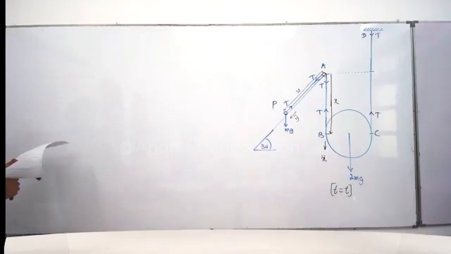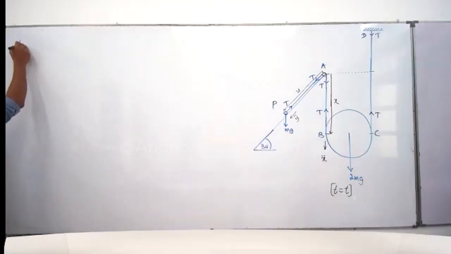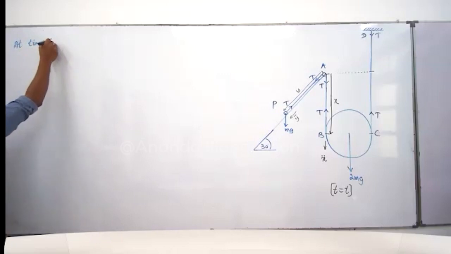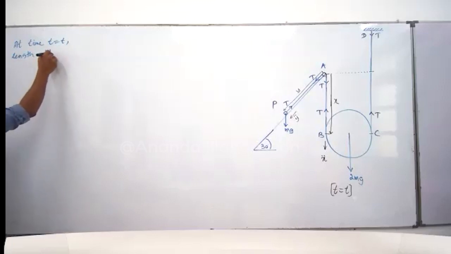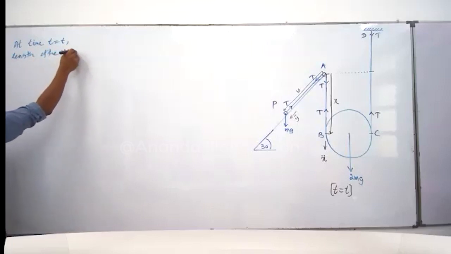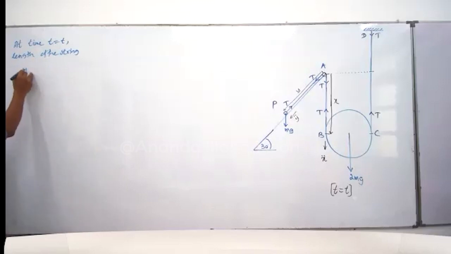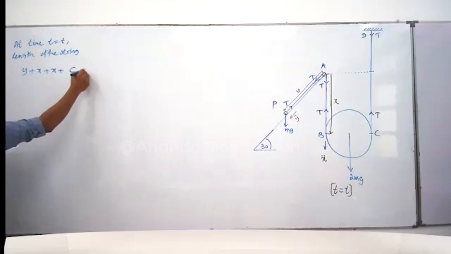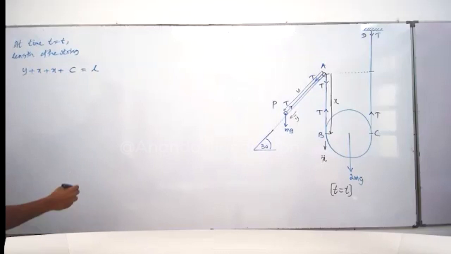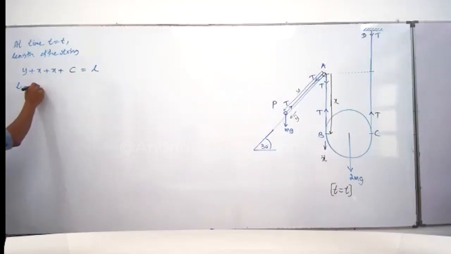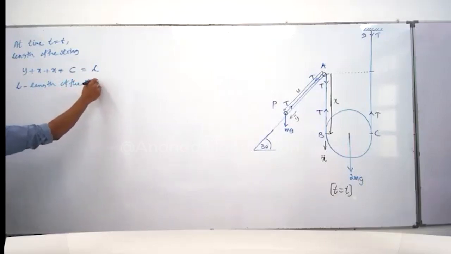Then you can write at time t the length of the string. What do you get there? y plus x plus another x plus all the constants we can take together as p, equals L, the length of the string.